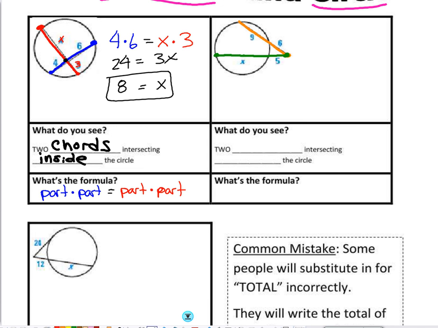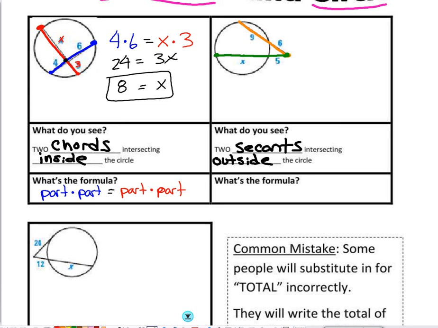I have two secants. And those secants intersect where? Where did they touch? Outside the circle. So I'm going to write outside here. So I have two secants that intersect outside the circle. My formula that I need to remember is a little bit different than part times part.